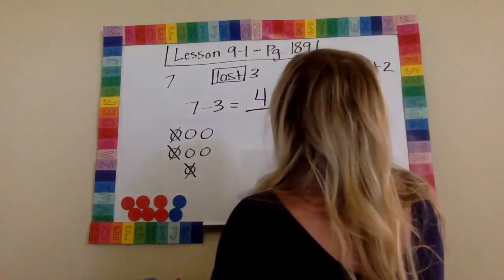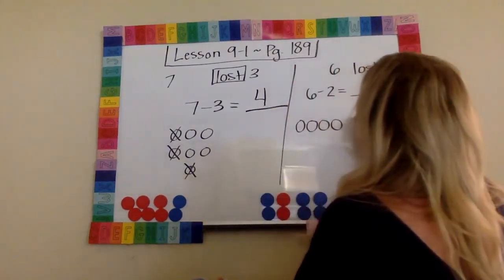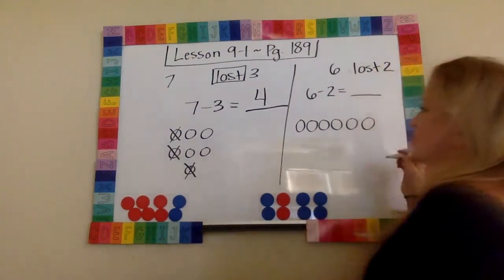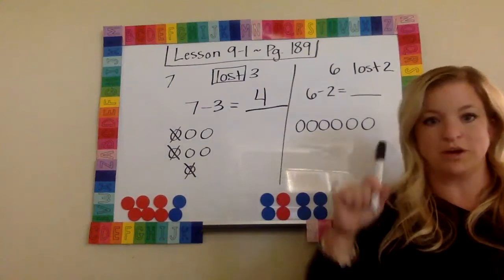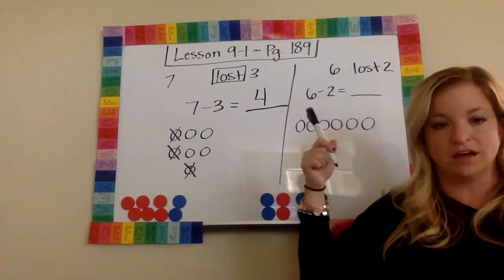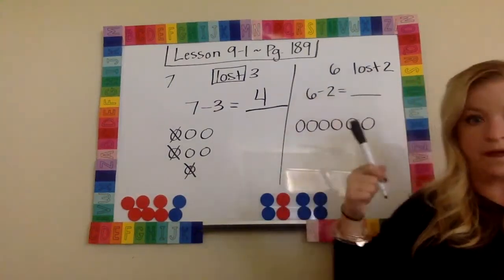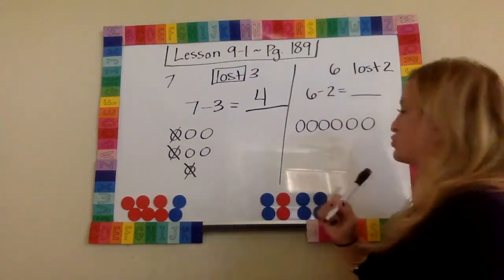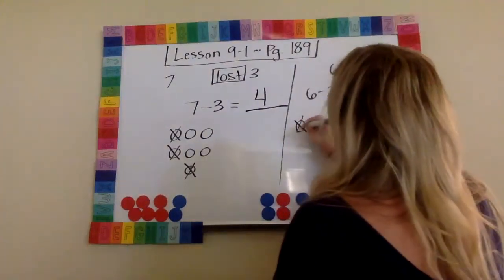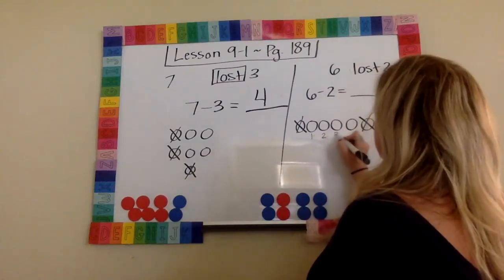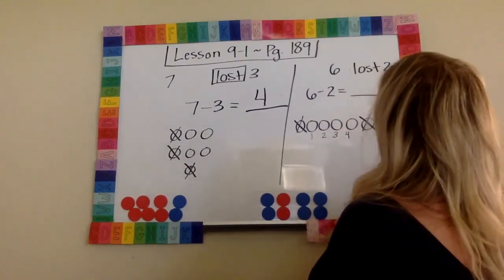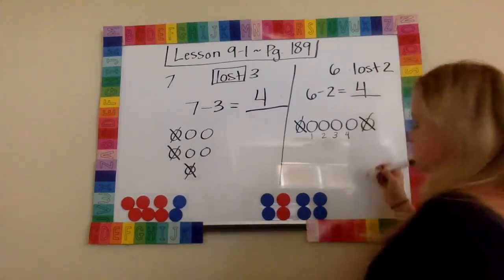Now I draw a picture. 1, 2, 3, 4, 5, 6. You're not going to erase when you are subtracting because I won't be able to tell what you had originally. Okay, I need to make sure that you're getting the whole thing. So when you subtract, you're going to cross out 1 and 2. Now she has 1, 2, 3, and 4. 6 minus 2 is 4.